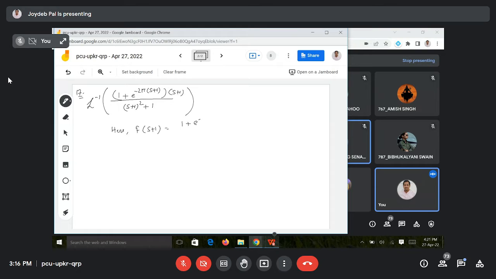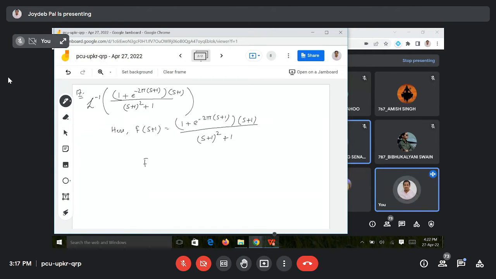1 plus e to the power minus 2 pi into (s plus 1) whole bracket, s plus 1, divided by (s plus 1) whole square plus 1. Okay, it is completely a function of s plus 1, and according to the first shifting formula, Laplace inverse of f of s minus a is e to the power at into ft. So ft means Laplace inverse of fs. So from f of s plus 1, I have to write fs.